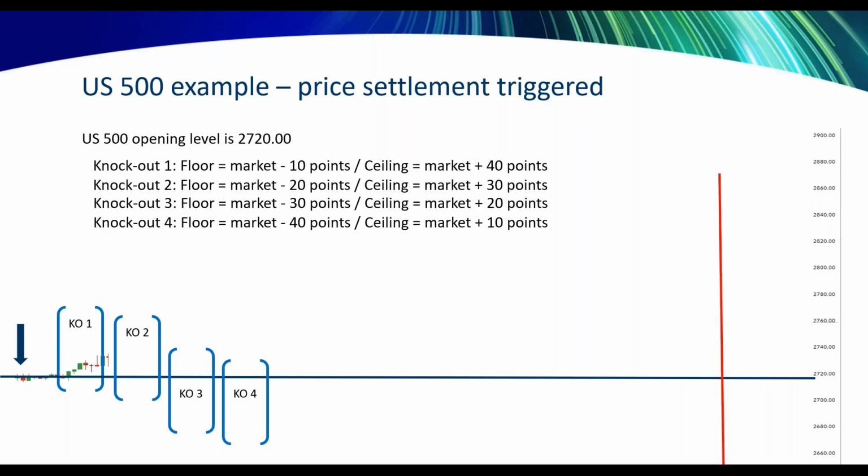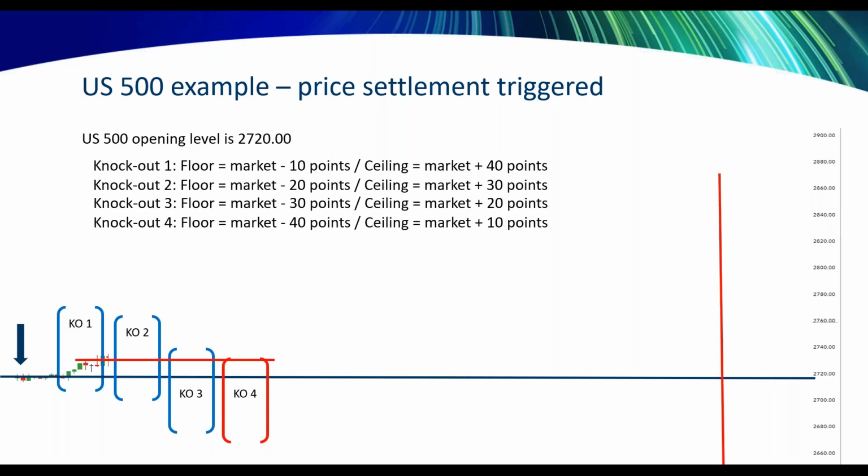So first, we've launched, we've got 4 contracts, and the S&P starts trading up a little bit. As it goes higher, you'll notice that it hit the ceiling of knockout number 4. All right, it started trading higher. Knockout number 4 ceiling was only up 10 points. It hit that ceiling, and that contract settles.